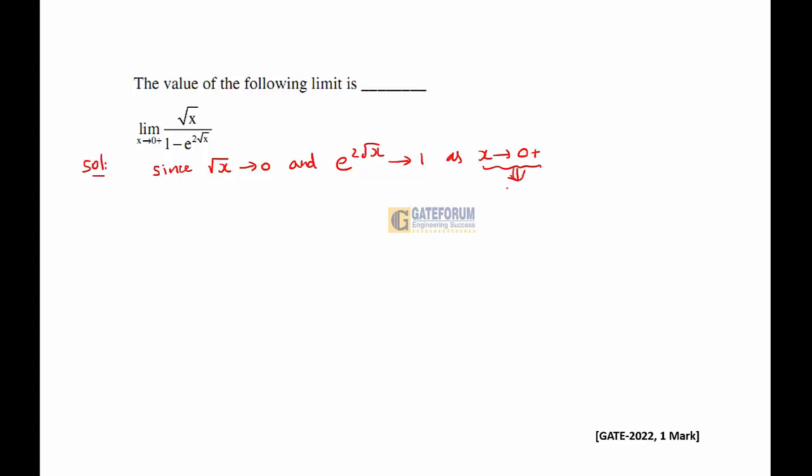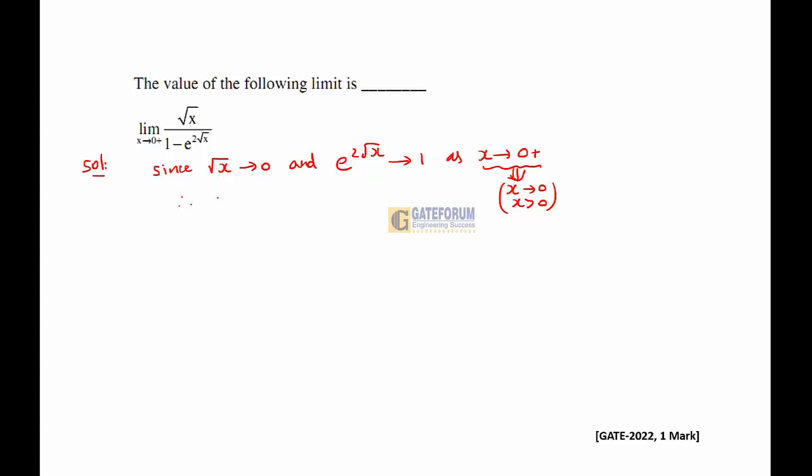This implies x tends to 0 as well as x greater than 0. X greater than 0 means, for example, 0.001, approximately 0, on the right hand side of 0. So the square root of 0.0001 almost tends to 0. So e power 0 tends to 1. Therefore, this is a 0 by 0 form.